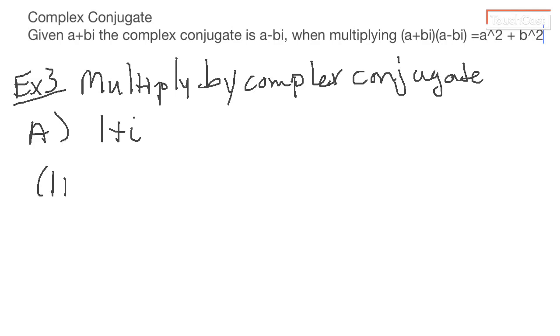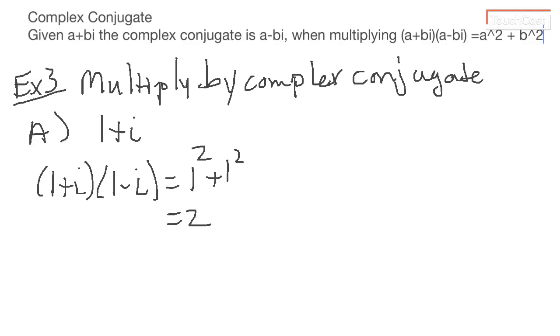So we're going to go 1 plus i times 1 minus i, which from the little bit above means we're just going to take 1 squared. Now there is technically a number in front of that i, and that's our b part, and that number is 1. So it's 1 squared plus 1 squared. Well, 1 squared is 1, and 1 plus 1 is 2. So 1 plus i multiplied by its complex conjugate is just 2.